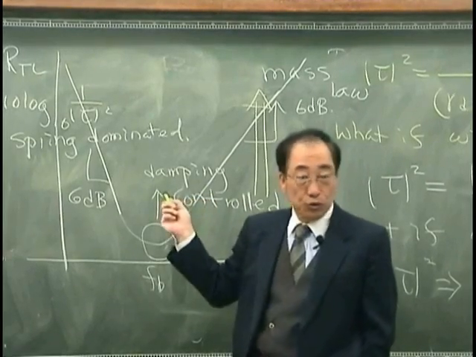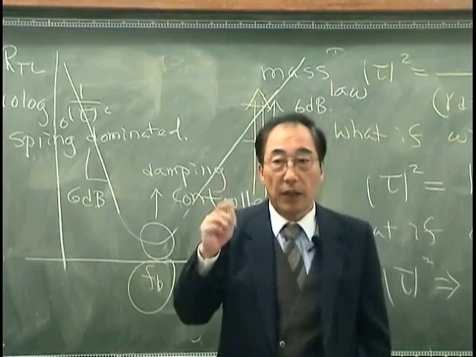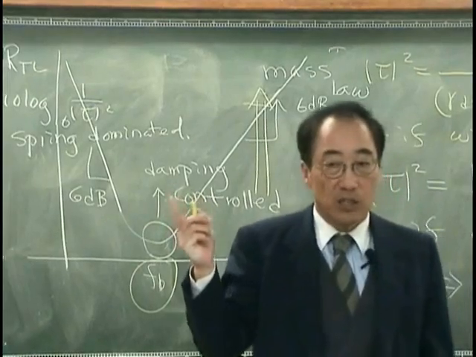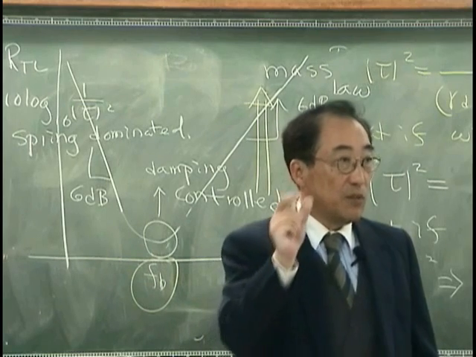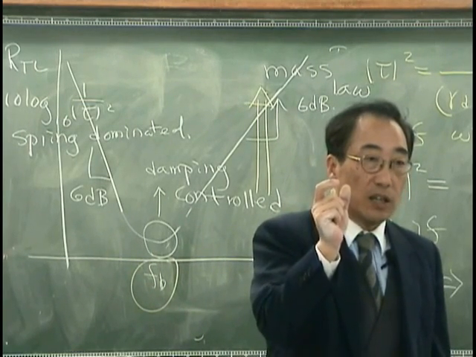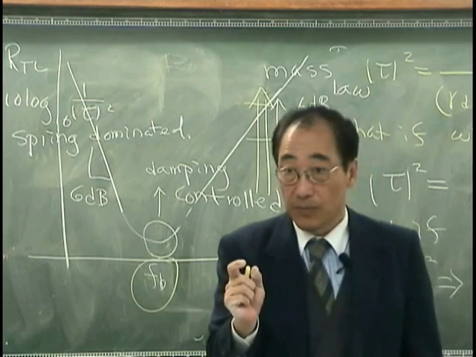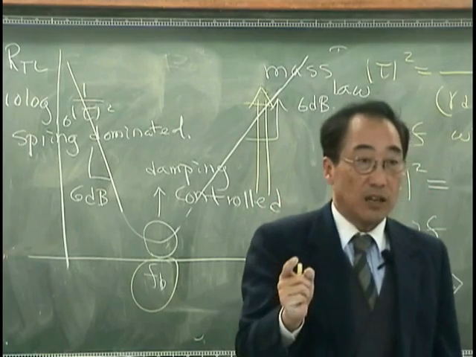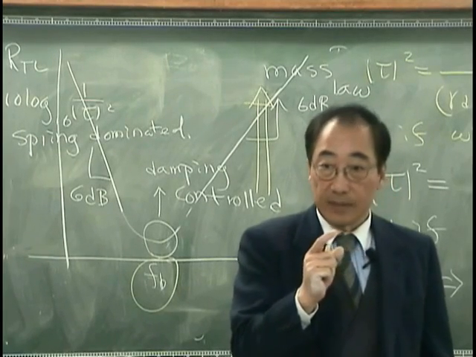Then you just determine the frequency and obey the mass law, that is 6 dB per octave, and you can easily determine the thickness of the partition that will give you the desirable transmission loss. That is related to the problem you had in the midterm examination.